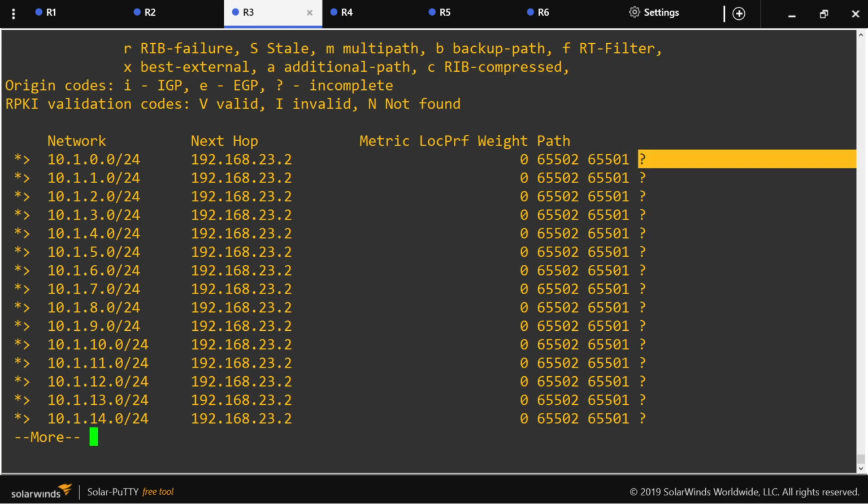This question mark is telling me that this route was injected into BGP by using redistribution. Then it belonged to this autonomous system, where Router 1 lives. Then this prefix was advertised into Router 2, which lives in this autonomous system. The next hop is Router 2.